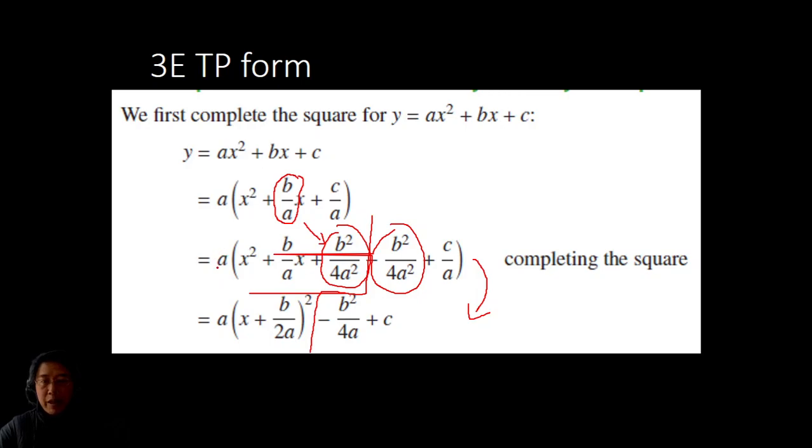And when you multiply a with minus b squared over 4a squared, you end up with minus b squared over 4a. And the last term, which is c over a, when you multiply by a, that just gives you plus c. So this is an important step, and if you don't do that step properly, you end up with a mistake at the end for your turning point form.